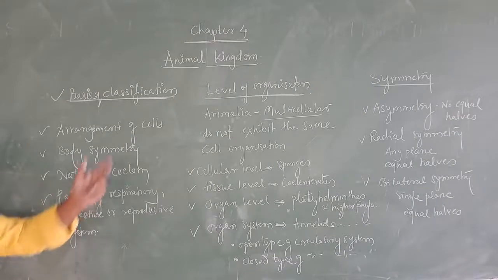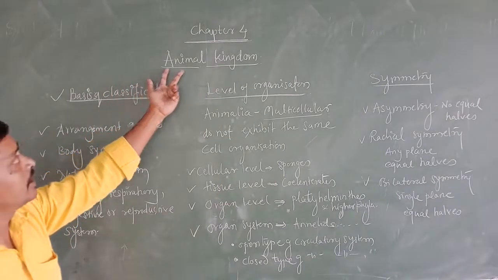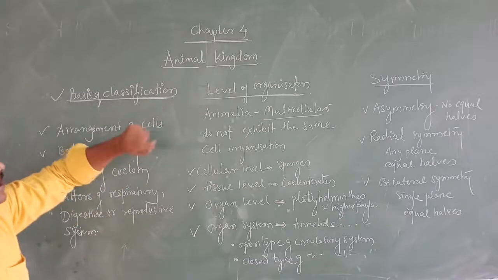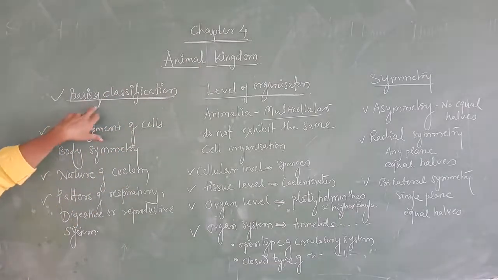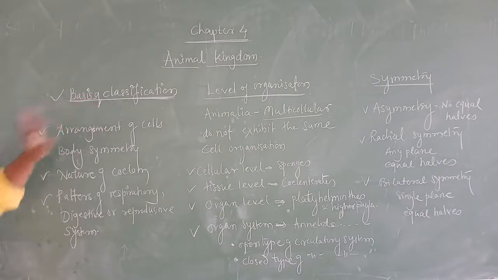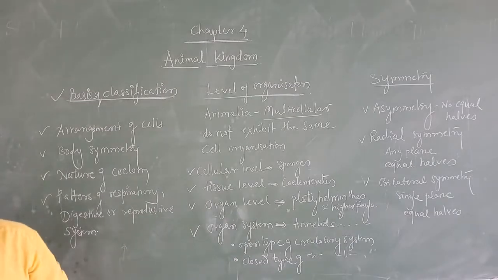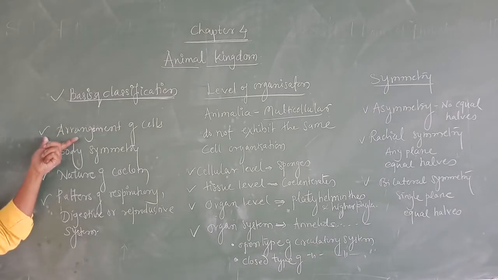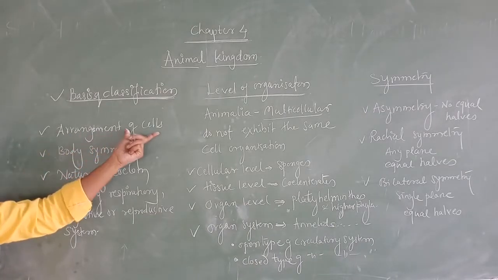In the present chapter, animal kingdom, the first point we are going to study is the basis of classification. In spite of differences in structure and forms of different animals, there are some fundamental features common in various animals, such as the arrangement of cells.